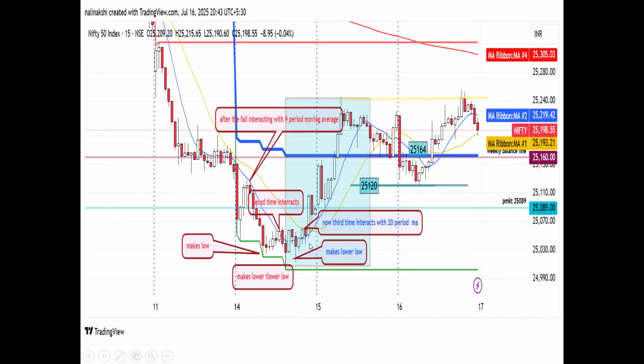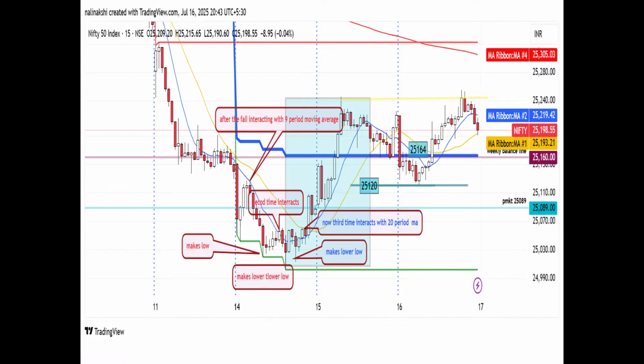The market started accumulating, and when it made a higher low, you can see the price next time going inside. You see the candle there. The body has come up and closed inside the 9-period moving average and is interacting with the 20-period average.